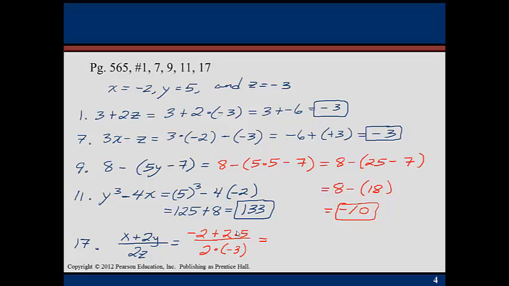And if you're using a calculator, you can just type this in with your fraction command. If you're doing it by hand, we'll start with the 2 times 5. So that makes it negative 2 plus 10 divided by negative 6. And then negative 2 plus 10, well, that's positive 8 over negative 6. And we can simplify this to be negative 4 over 3.